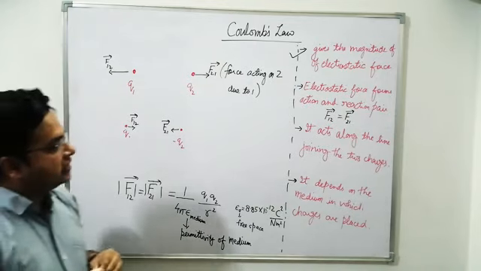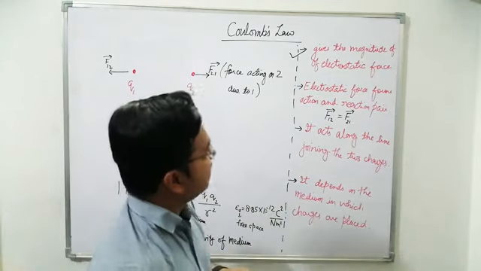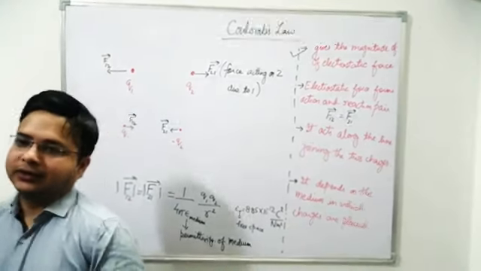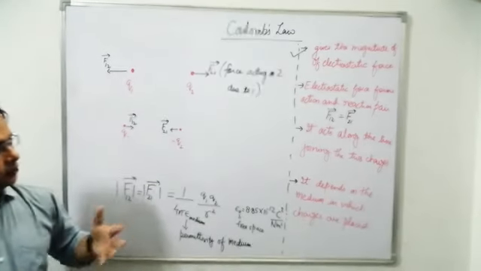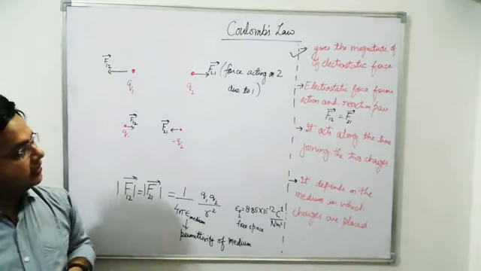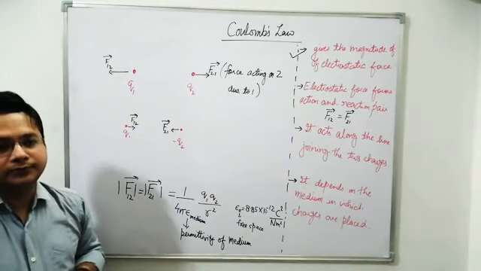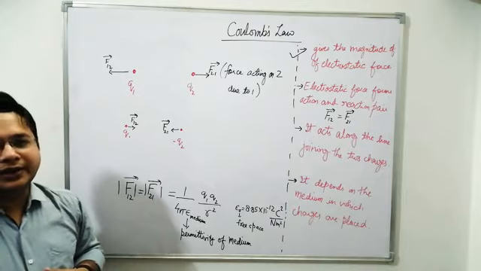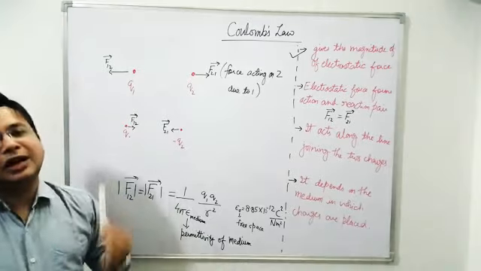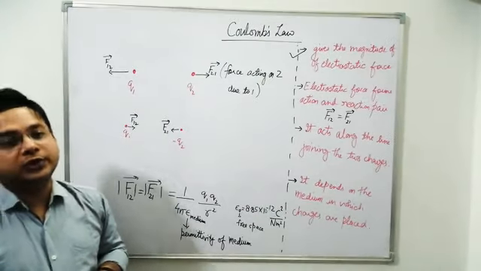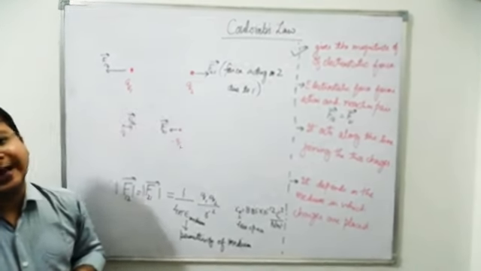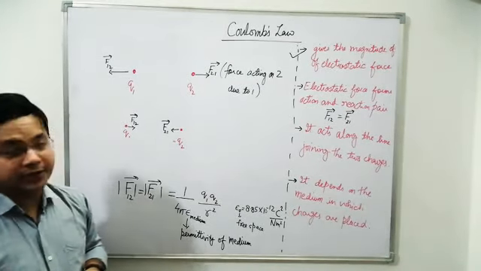Now, the next point about the electrostatic force is that it forms an action and reaction pair. You have already studied Newton's third law in class 11: when forces of equal magnitude act on two different bodies in opposite directions, they form an action and reaction pair.